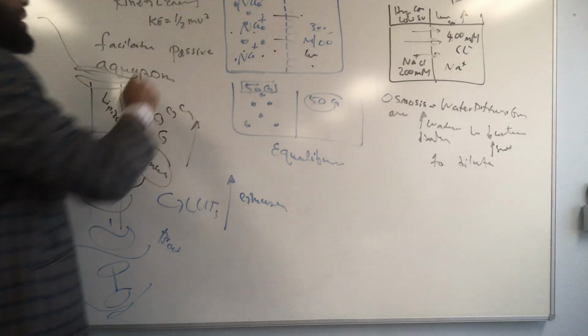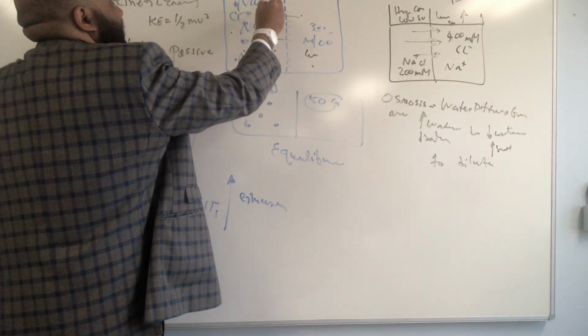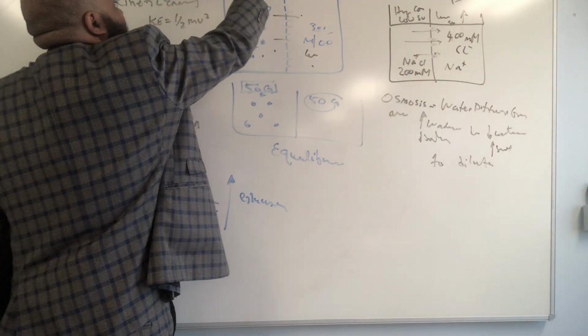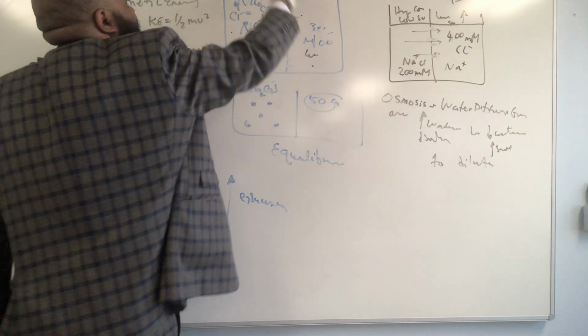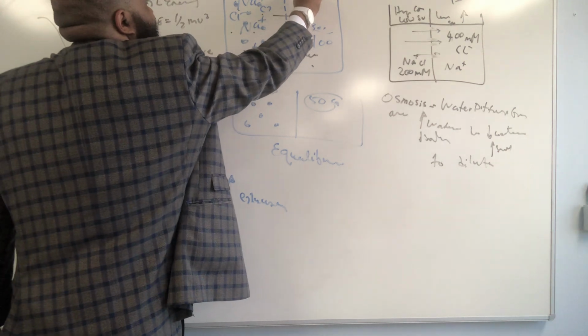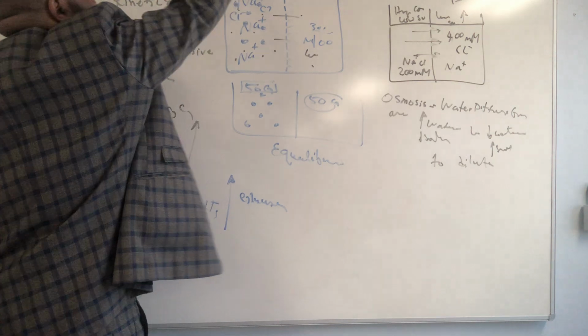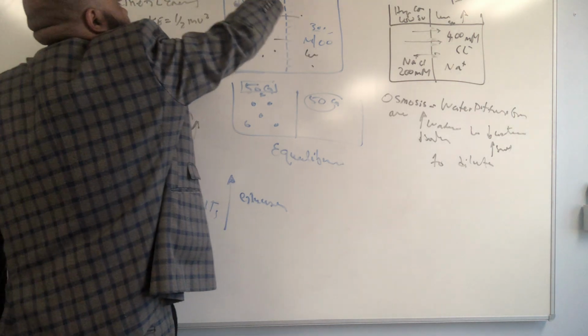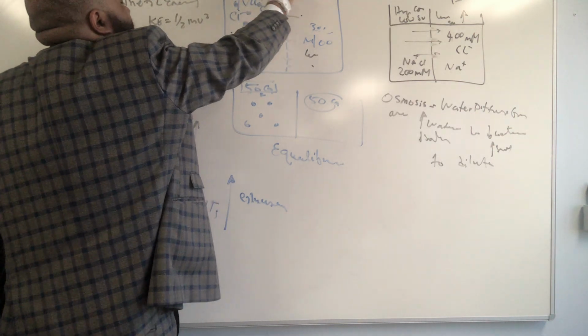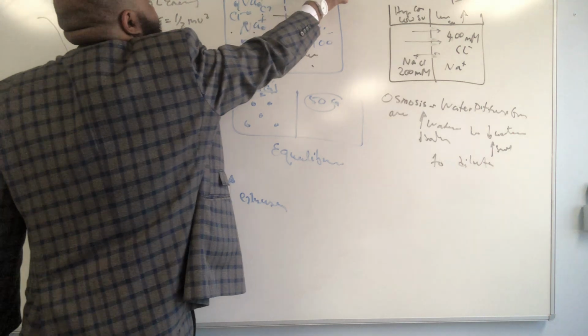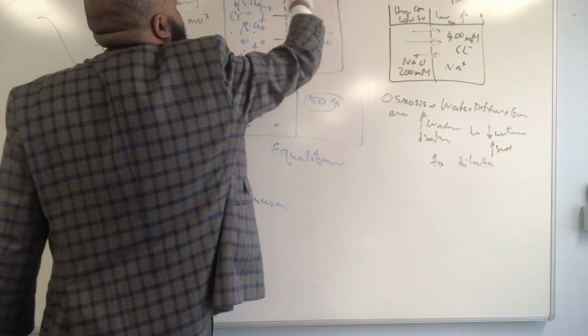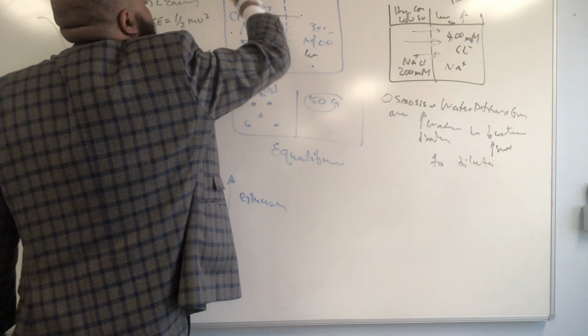What about chloride? If you put Cl minus, you put 500 millimolar of Cl minus, and on this side there is 100 millimolar of Cl minus, then the movement is going to be from this side to this side until you end up with equilibrium, 300 millimolar of chloride on one side, 300 millimolar of chloride on the other side.